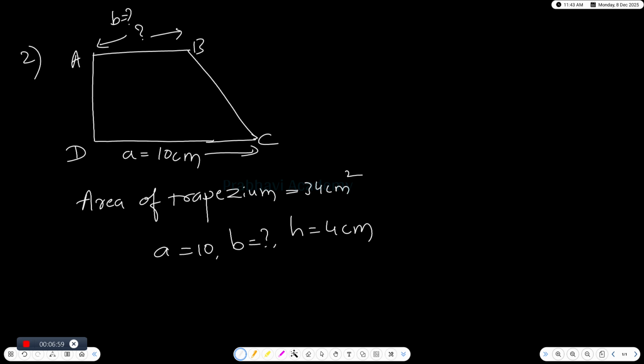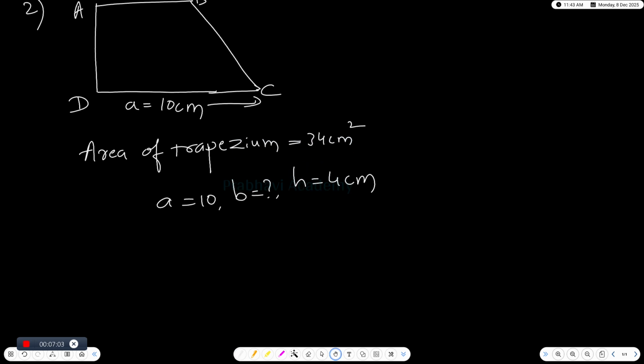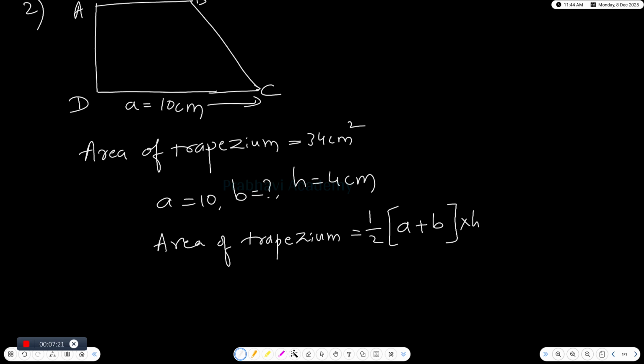So the length of the other parallel side is to be found out. How is it to be done? Again, the area of trapezium formula, you know, is half into sum of parallel sides, that is A plus B, into height. Here the area is already given, that is 34 centimeter square.